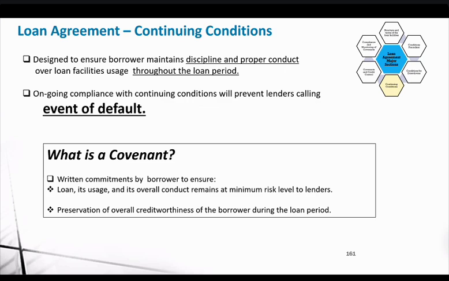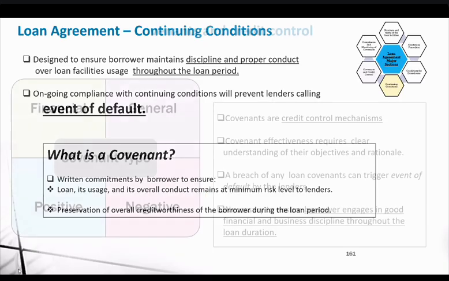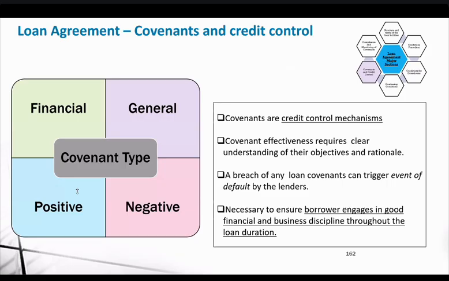So what is a covenant? Covenant in simple terms, you can write down, is CCM. Covenant is CCM. Credit control mechanism. There is a positive covenant: the borrower must do.